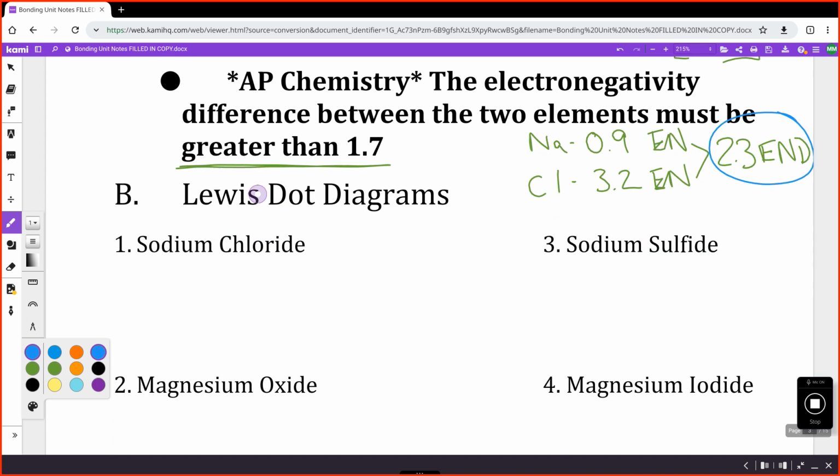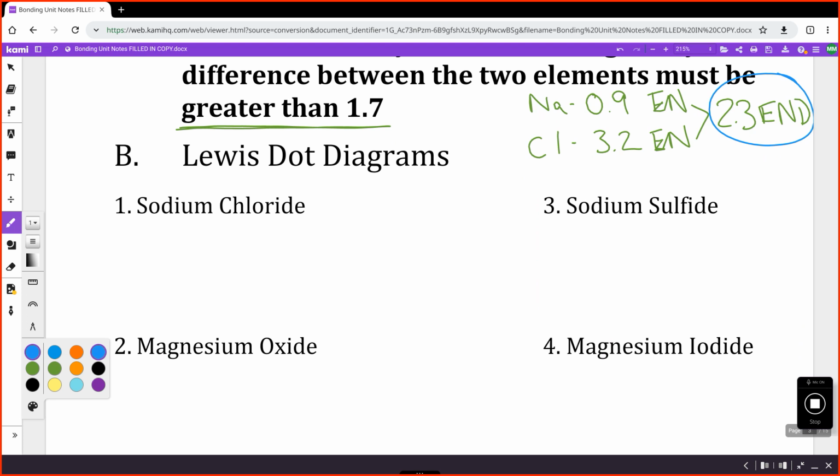We will represent these, and I will show you how this transfer occurs using some Lewis dot diagrams. So I've kind of already explained this, but I will do it one more time. We write down our original dot diagrams, a sodium atom and a chlorine atom. The exchange that happens is from the lower electronegative metal to the higher electronegative nonmetal, and the electron will basically move its way over like that.